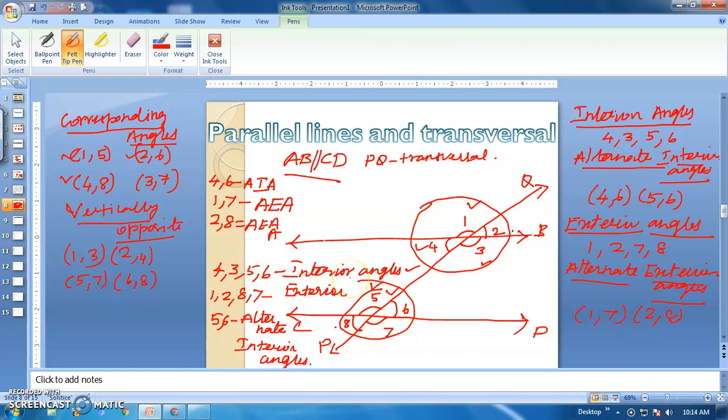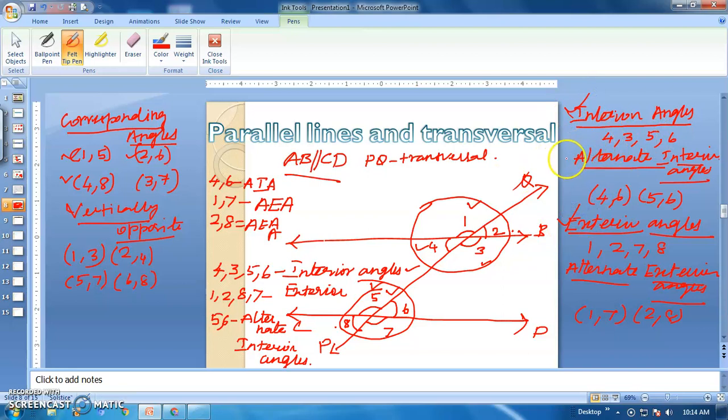So if the two lines are AB and CD and PQ is a transversal passing through any two lines like this, then these special types of angles are formed. You can classify them as interior angles and exterior angles.